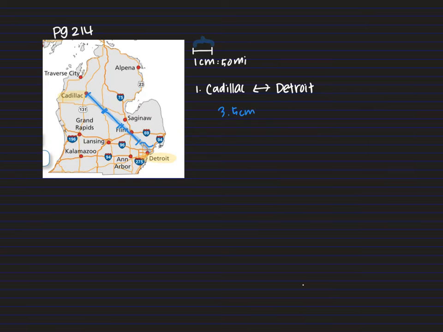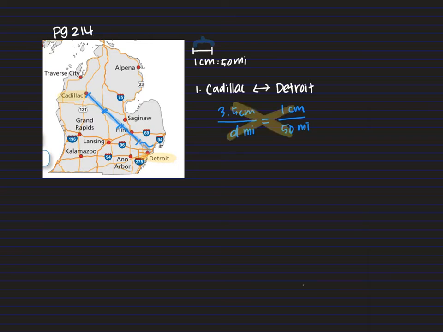Now we don't know how far it is in actual life, but we do know that for 1 centimeter, it's going to be 50 miles. So I'm going to basically set up an equation to satisfy the actual distance, which is going to be d miles in this case.